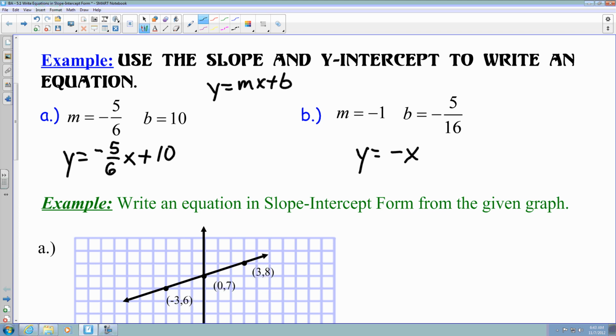Then we have a minus 5/16 as the y-intercept. So our final answer for this example is y equals negative x minus 5/16.